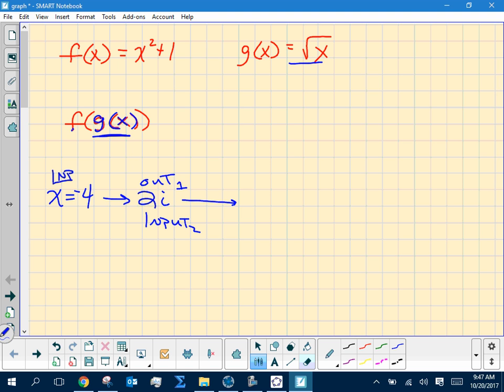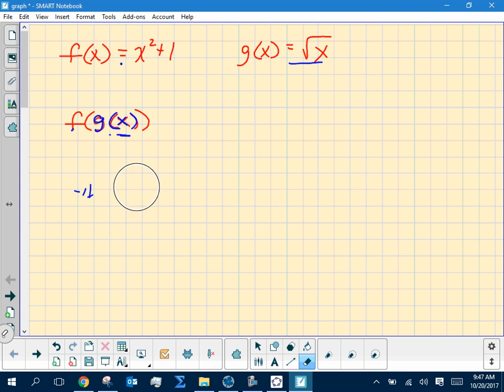That's not a real number, right? 2i is an imaginary number or a complex number. It's not real. So, because that's not real, am I able to plug it into f of x and get something back? No. So that tells me for values like -4, I don't have a final output. I don't have that second output that is attached to f of g of x. So that's why my domain for this particular function will not exist for a number like -4. So hopefully that makes some sense to us.